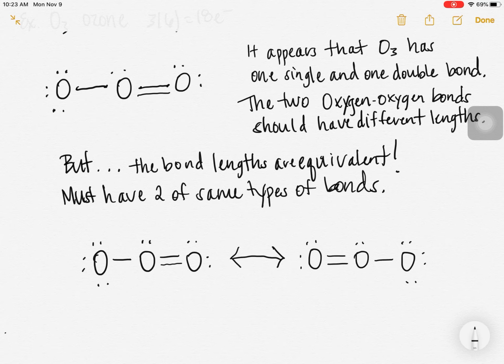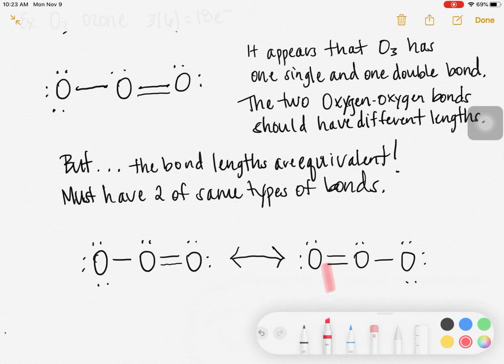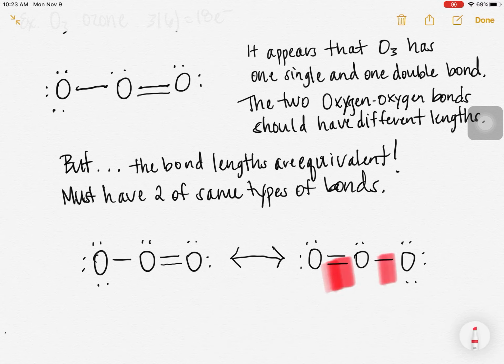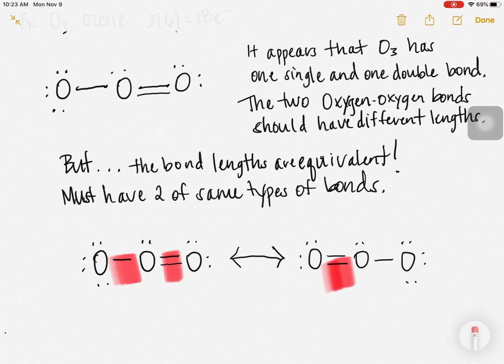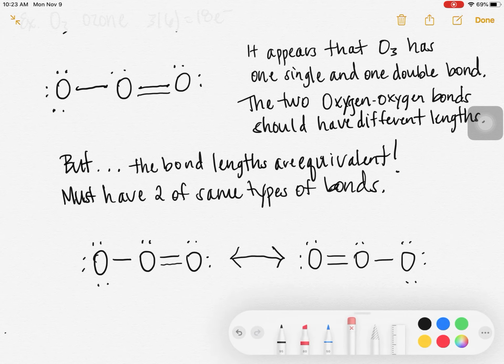Now, that doesn't exactly answer the question of how the bond lengths are the same, until you think about that in this case, those two electrons could be resonating back and forth between two places, and there's only two places they could be. Those two places are here or here. Those are the only two locations for the electrons to be.